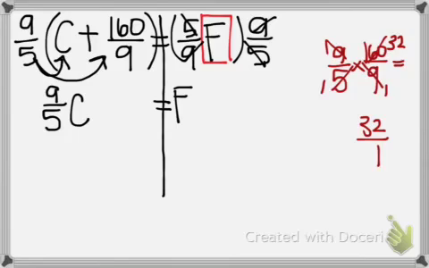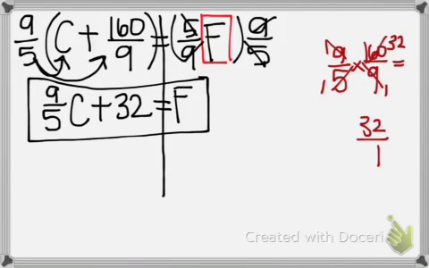So that shows me that 9/5 times 160/9 is 32. Now that I have F all by itself, I've finished Example 2.